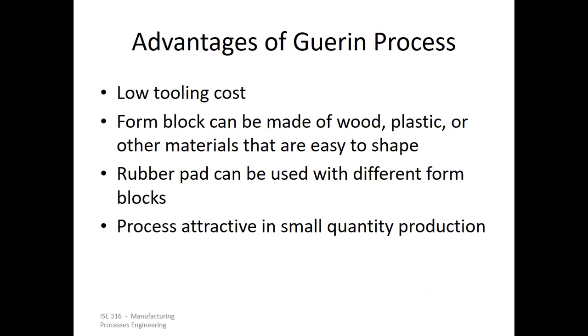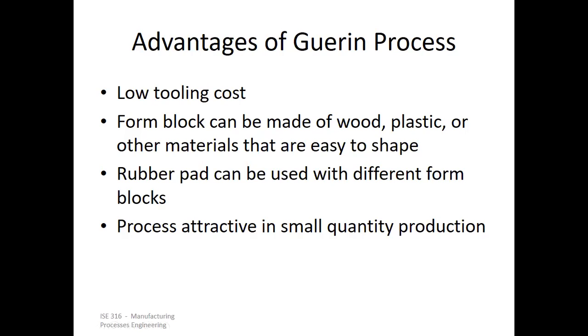Now, what are the advantages of this process? As you have said, low tooling costs, right? Because the tooling involved in conventional presses is quite expensive, right? The foam block can be made of wood, plastic, or other materials that are easy to shape, because the contour of the sheet depends on the foam block.